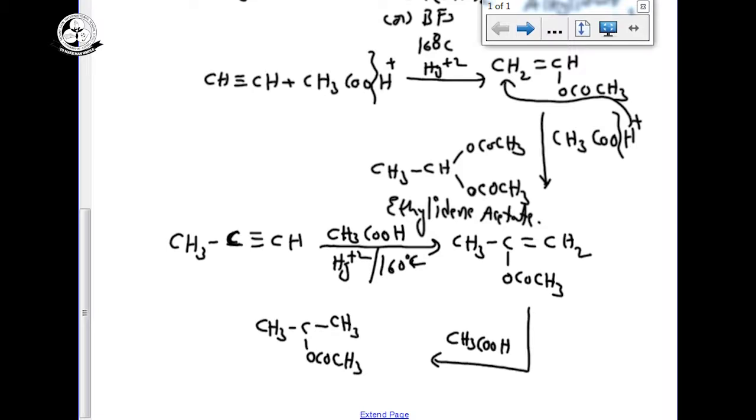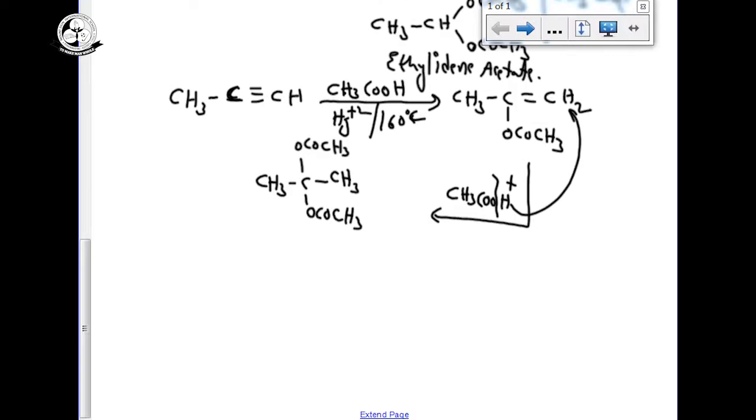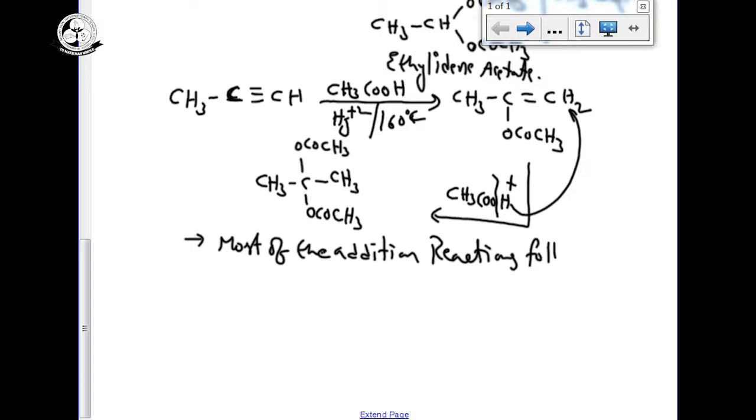Hydrogen will be attached to the multiple bonded carbon atom having more number of hydrogens, and the remaining part we add here, OCOCH3. So simply we can say most of the addition reactions follow Markovnikov's rule.